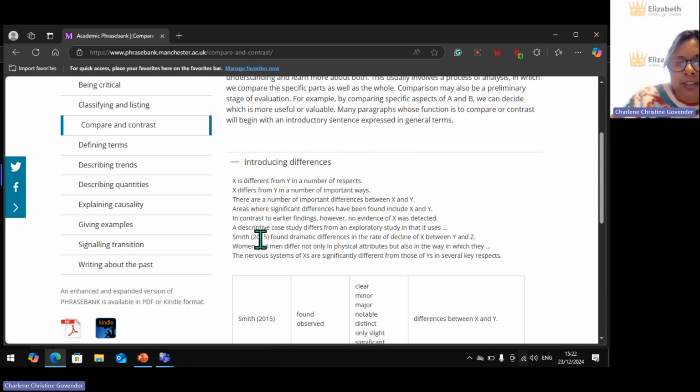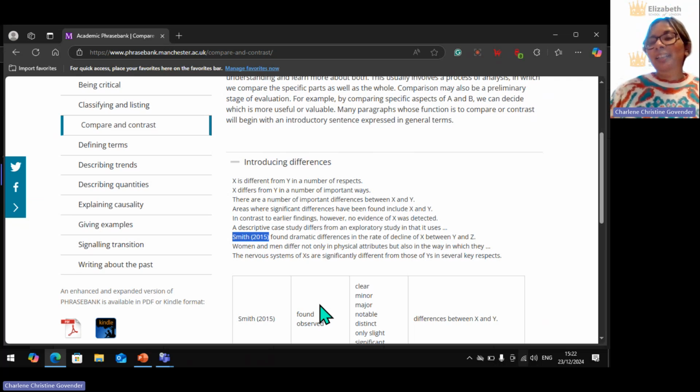Okay, and again, we have Smith. Obviously, the year 2015 is the year that the book was published. If your book was published in 2022, please use that date accordingly, okay? And very rarely would we be using 2015 because that's almost 9 years out of date.